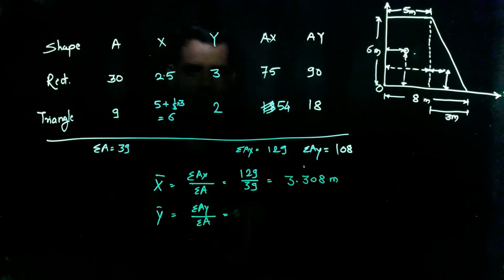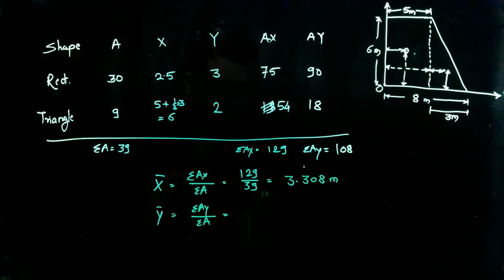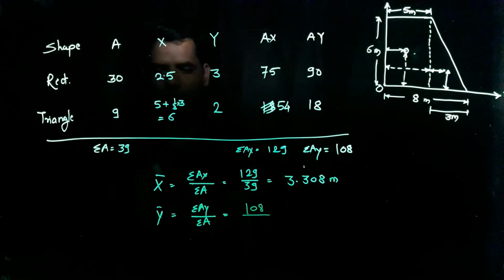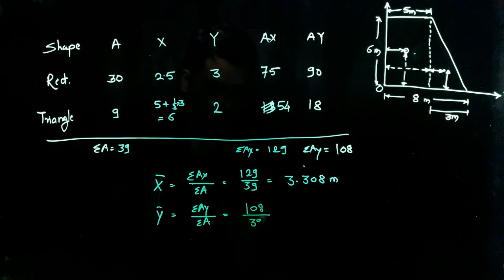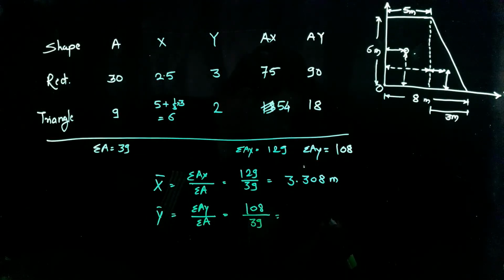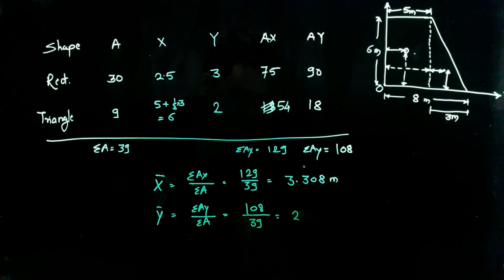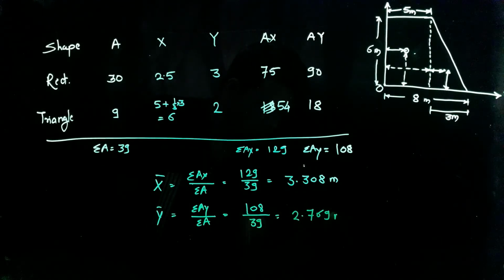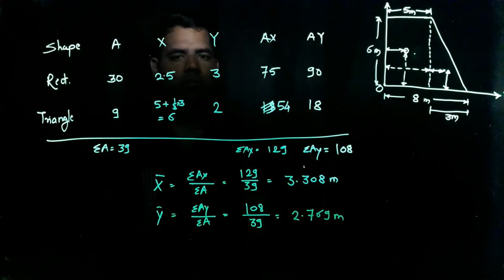Then the y coordinate is summation of Ay, that is 108, by summation of A, that is 39, so that is 2.769. That value is in meter.